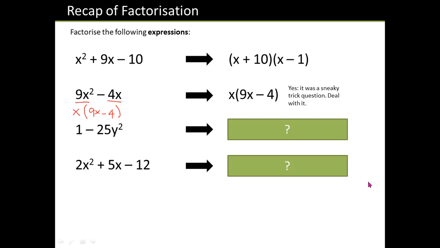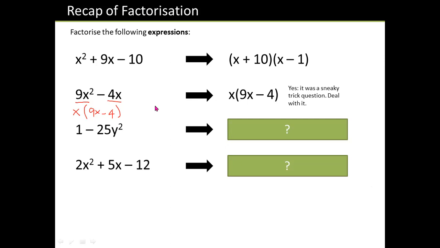So, yes, Poon. 1 times 1 minus 25y raised to the power of 2. Yes, if you factor it out, what is the answer? All right, take note, you can factor out. Okay, so almost, Poon, almost.